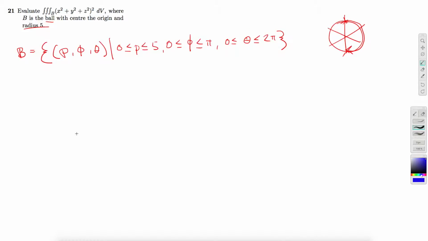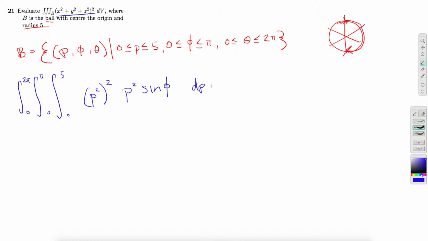Okay, now we write up our equation. Theta from 0 to 2 pi, phi from 0 to pi, rho from 0 to 5. We're given this, x squared plus y squared equals 2. We know that x squared plus y squared plus z squared equals rho squared, so that is being squared. And we also have to add our rho squared and sine phi, then d rho d phi d theta.